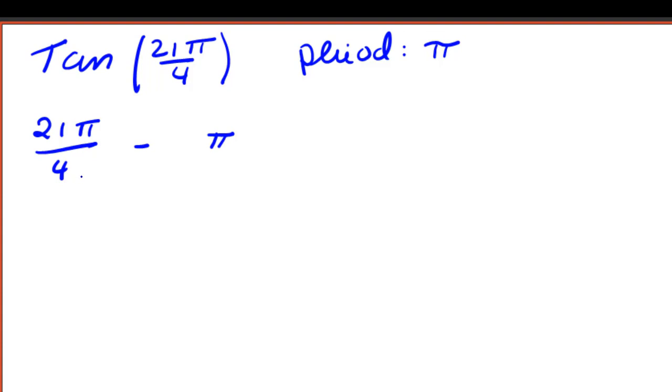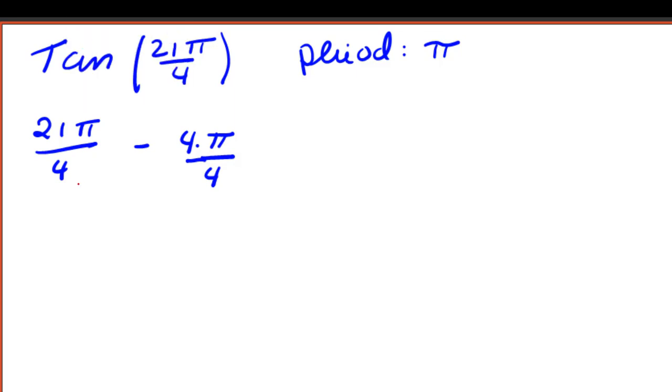So the key here is this denominator. And the reason I even want to do this video is that this is a fraction. You saw with cosine, this wasn't a big deal, but with fractions, I know this is going to be more of a challenge. So I want a common denominator of 4. I'm going to put a 4 here, but of course I cannot just put a 4 here. I need to counteract it by putting a 4 on top. So 4 over 4 is 1, and 1 times pi is pi. So really I've changed the look, but not the meaning. Great.